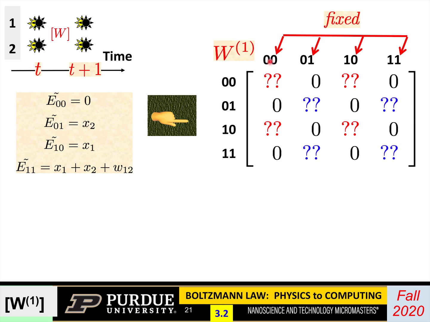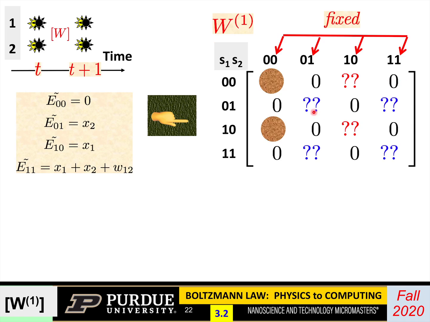So from 0 0, you can go to 1 0. But you cannot go to 0 1 or to 1 1 because you are not allowed to change the second one. So when you write this W matrix, you'll have these red question marks and these blue question marks. Those would be the non-zero elements. Rest will be zeros because the rest will require changing both neurons, and that's not allowed. In this sampling scheme, you update one neuron at a time.